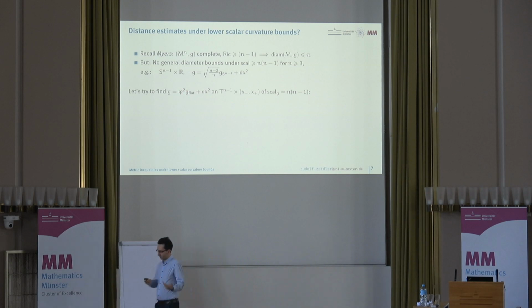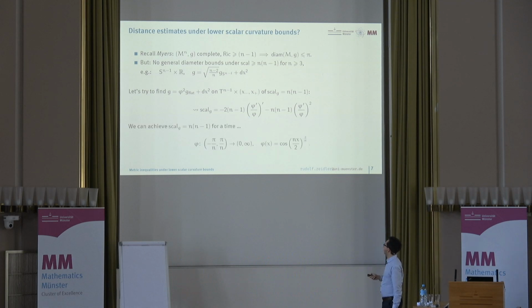It then boils down to solving an ODE, because the scalar curvature on a warped product can be computed in terms of this ordinary differential expression, and you set that equal to n times n minus 1. And you can solve that explicitly. You get a solution that looks like this, cosine of nx over 2, to the power of 2 over n.